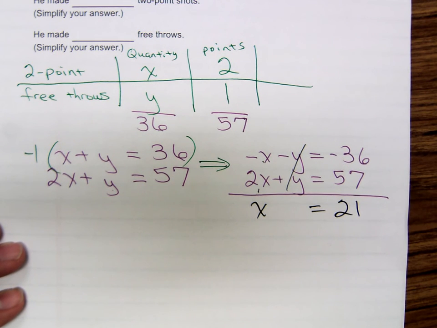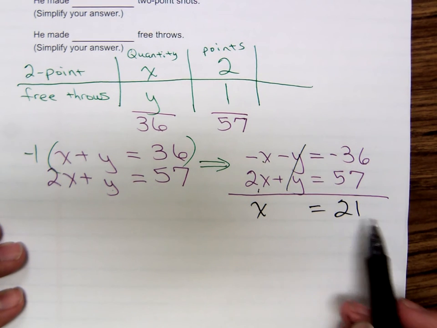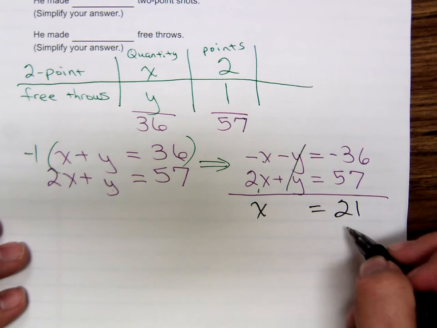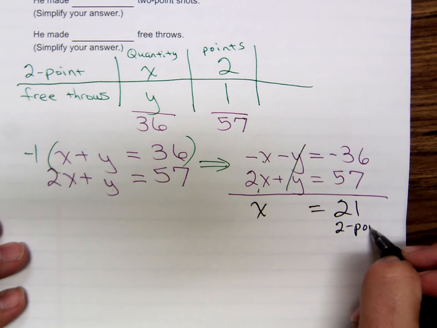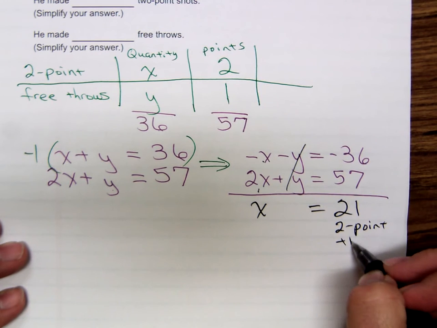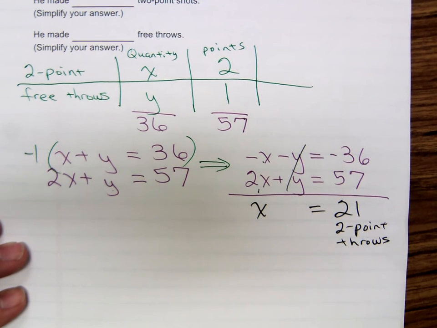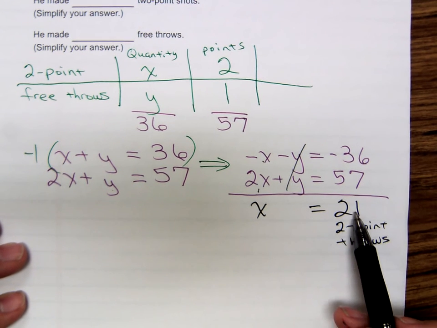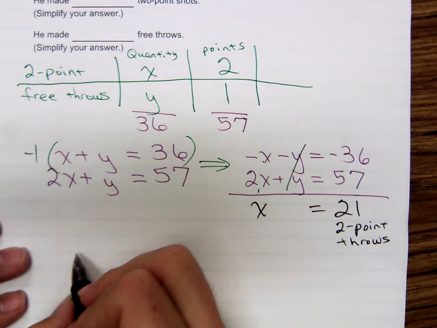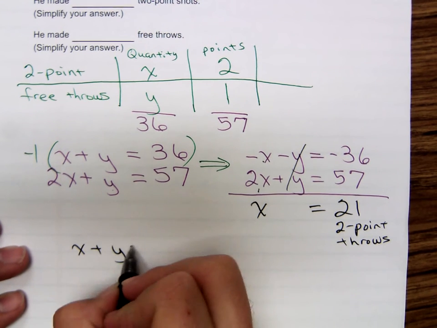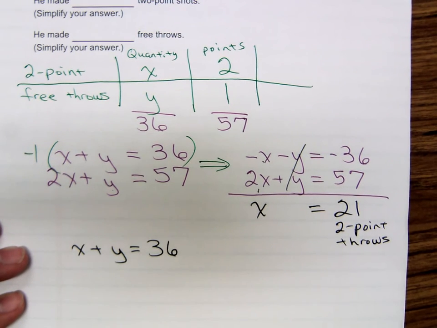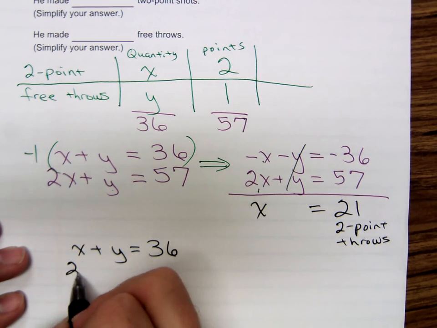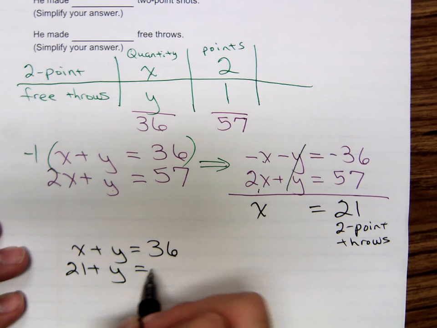So what was x? The 2-point throws. So this player made 21 2-point throws. How do we find the number of free throws? Plug in 21. I'll plug the 21 into that first equation. x plus y equals 36. Plugging in 21, 21 plus y equals 36.